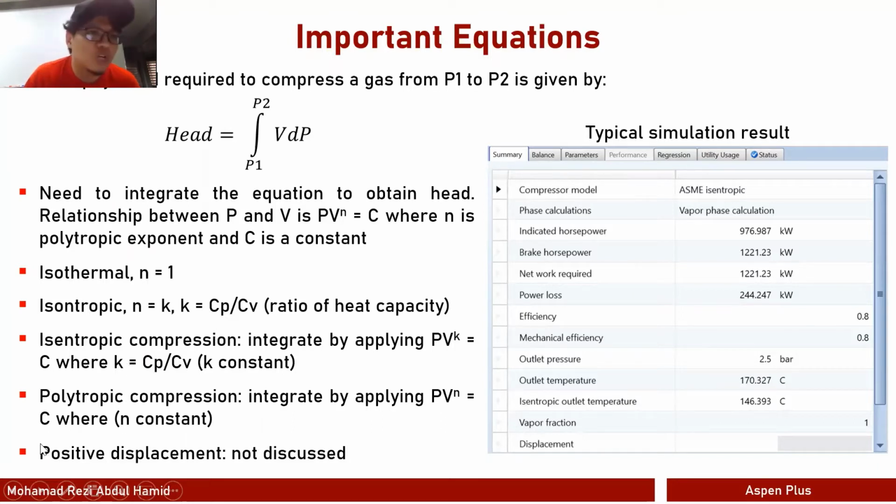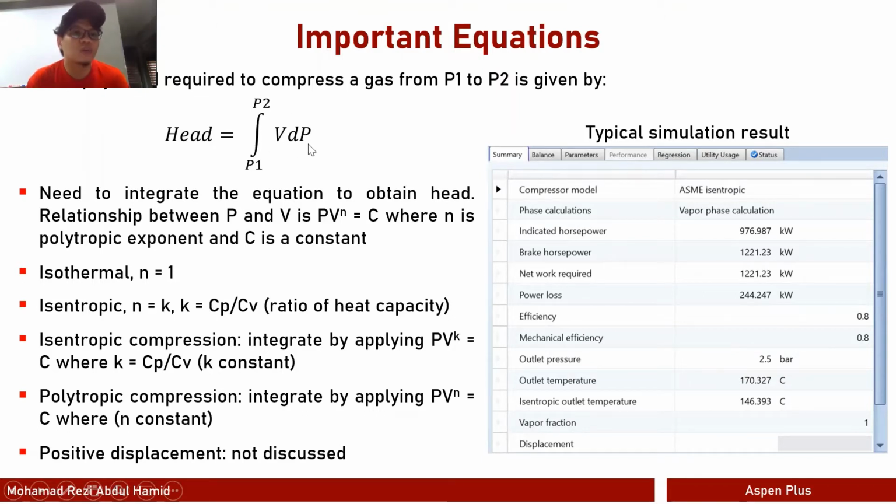There is also an equation to discuss for positive displacement compression, but we're not going to discuss it here. I know it is a lot of information to process, but the point I want to highlight is that Aspen Plus will calculate head by integrating this VdP equation from P1 to P2.